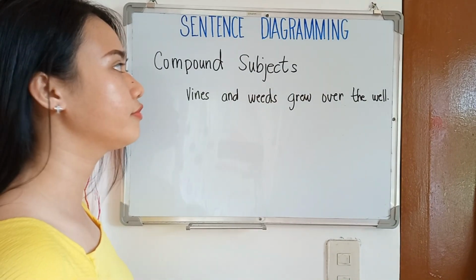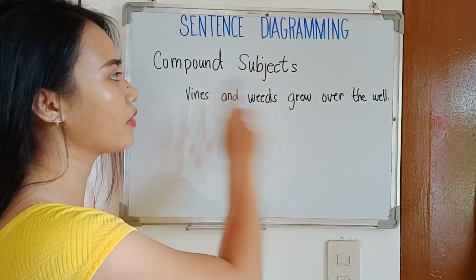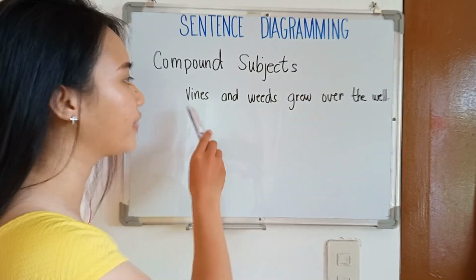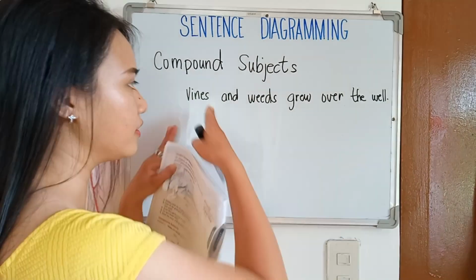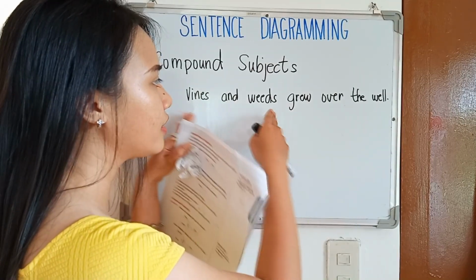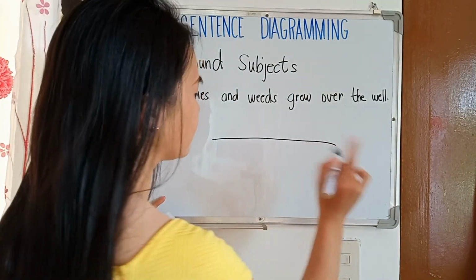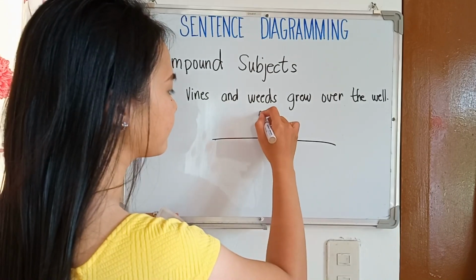Now, what if there are two or more subjects in the sentence? So this is how we're going to diagram compound subjects. In the given sentence, vines and weeds grew over the well. So we are talking about the vines and weeds, and our subjects are combined using the conjunction and. So still, we draw a horizontal line and then a vertical line.